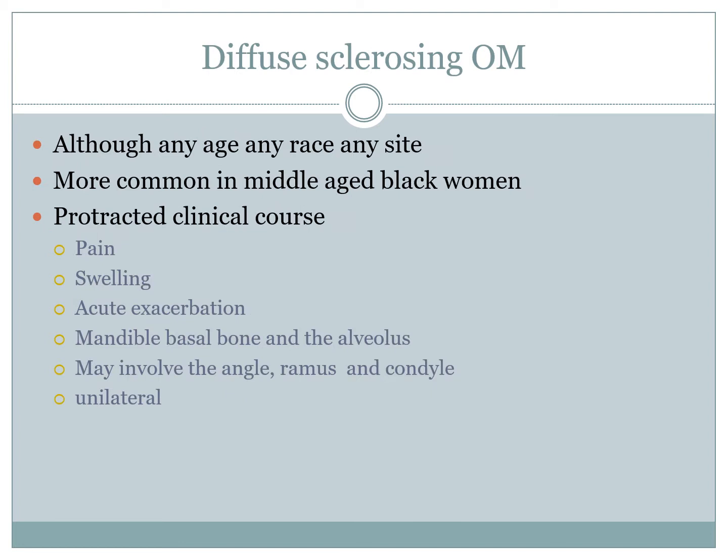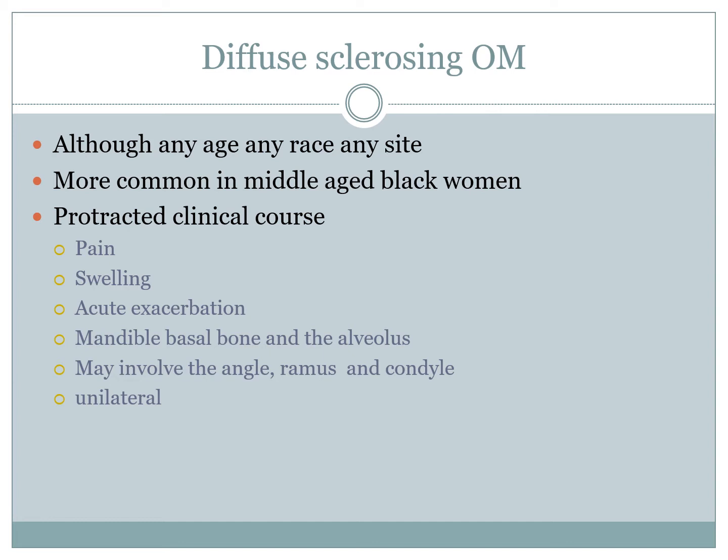Diffuse sclerosing osteomyelitis can be seen at any age, but is commonly seen in middle age, with pain, swelling, and acute exacerbation. The mandible, basal bone, and alveolus may be involved, including the angle, ramus, and condyle.